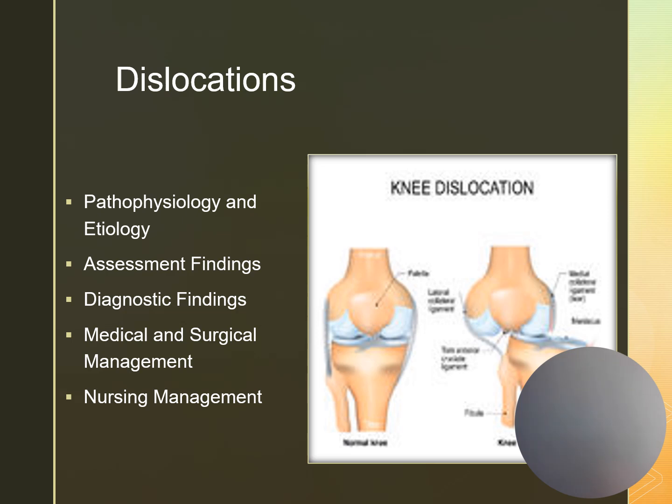When we have compartment syndrome, what is happening other than that edema and the loss of circulation, the loss of nerve function, that client is going to have significant pain that is not managed by pain medications.